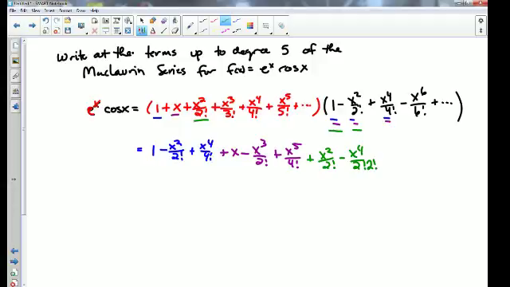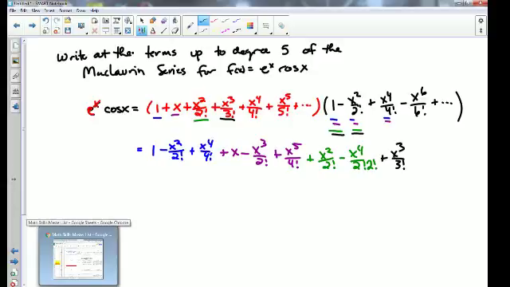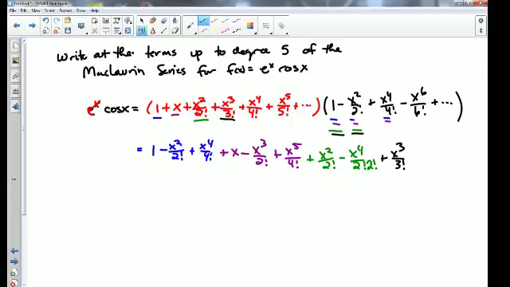Okay. How about this one? Has to be those two, right? Minus. Yeah, they're long problems, right? Are they hard? No. Let's thank our maker that they are not hard.